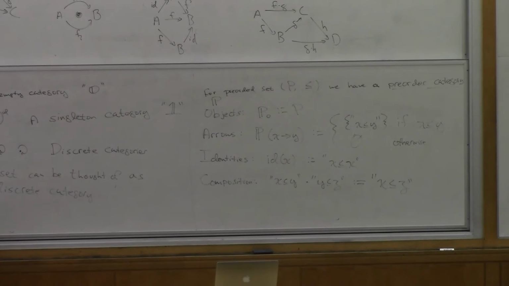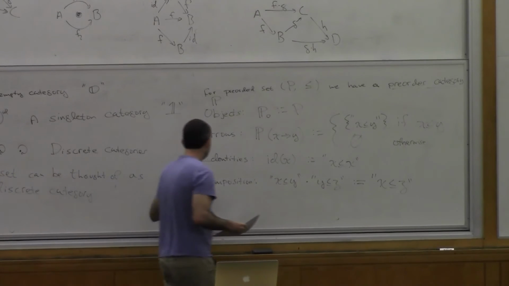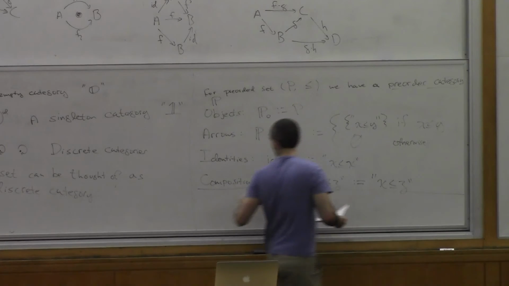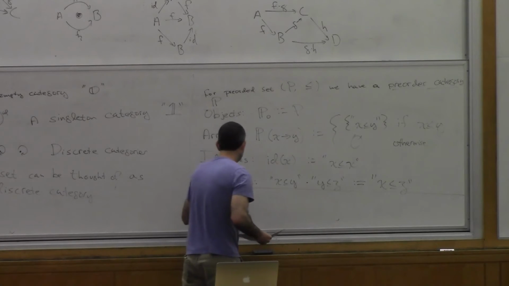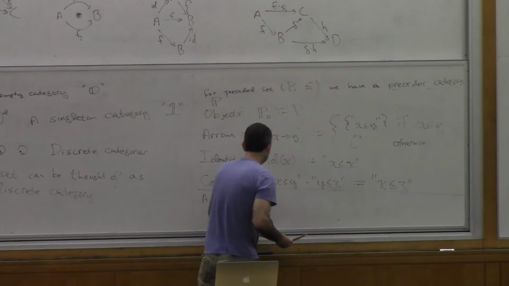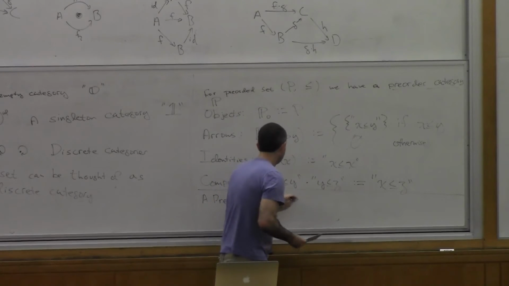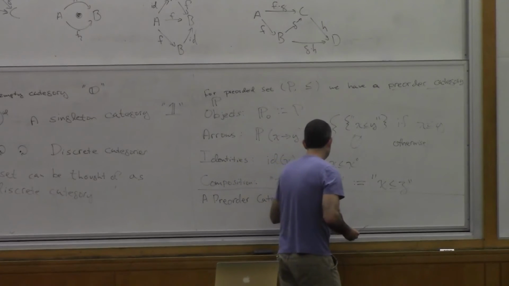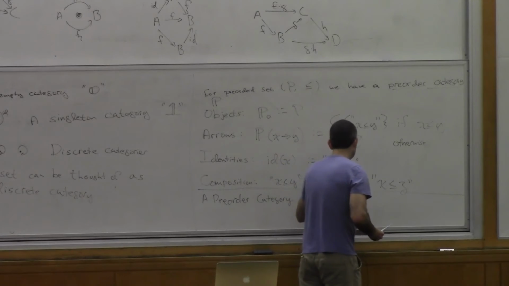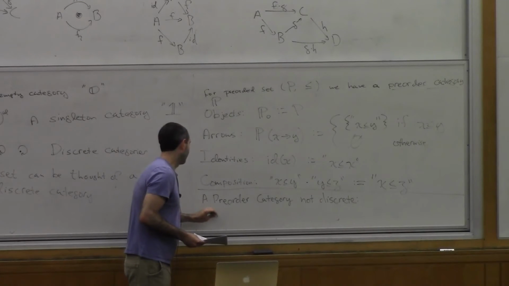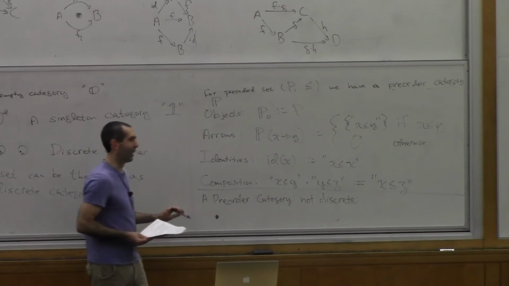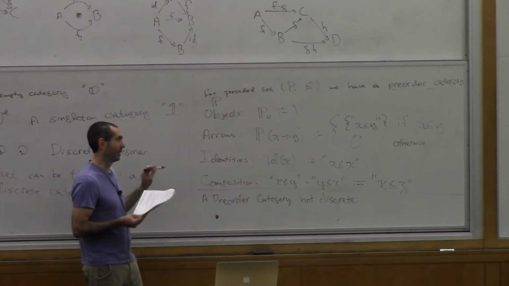Okay, so let's try to think of a preordered category that's not discrete, as we're building up our library of examples. Well, if it had no objects, then it would already be discrete, trivially.